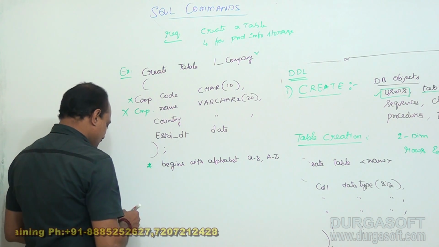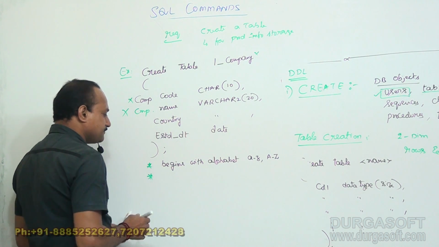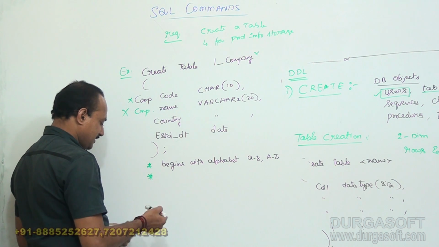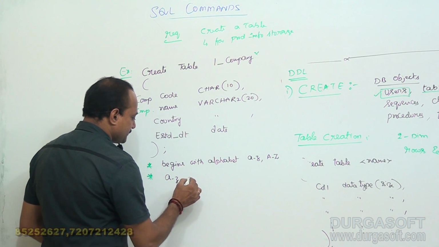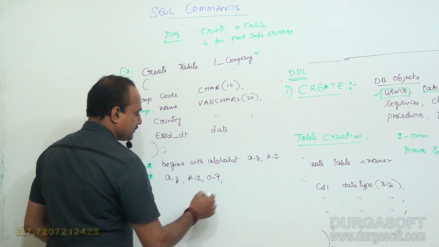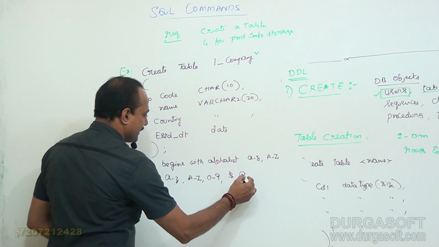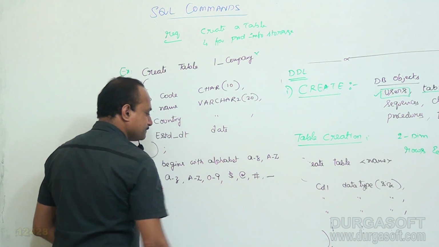Okay. Next, what is the second point? What is the valid character set in a name? See, the valid character set is: you can use small a to z, capital A to Z, 0 to 9, $, hash and underscore.